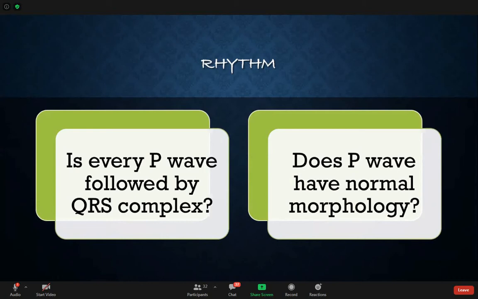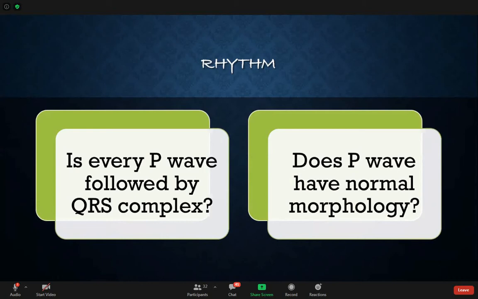Sinus or regular. If it's not regular, how do you calculate the rate? Anyone know? No, the PR has nothing to do with it.